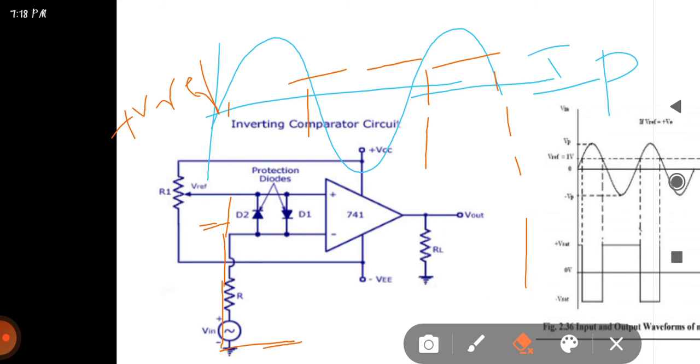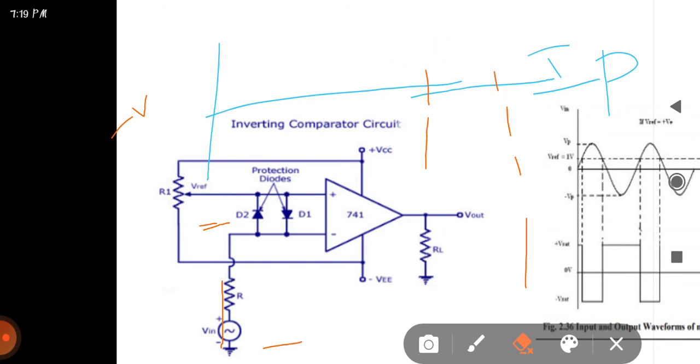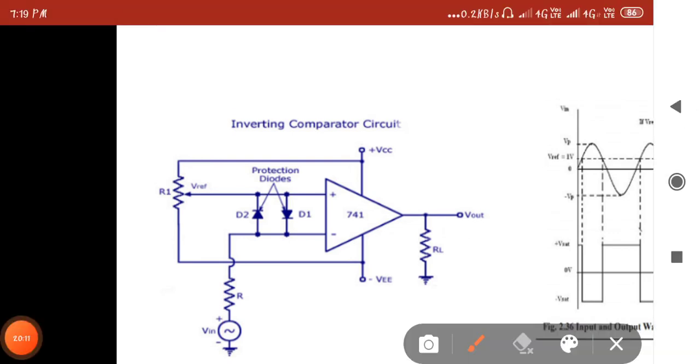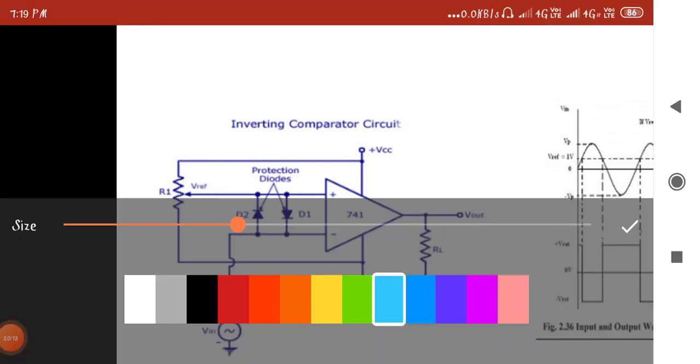Negative V reference. The negative V reference comes like that.